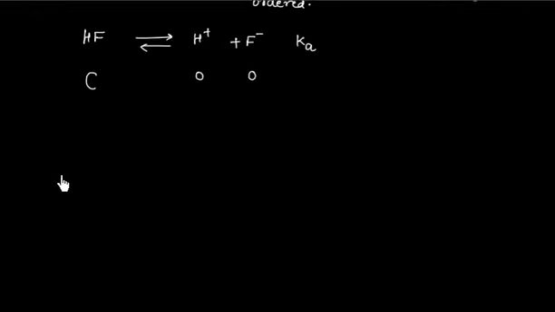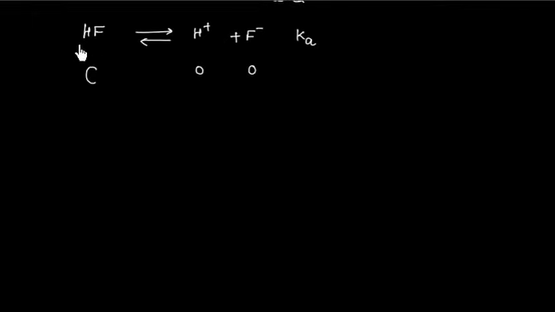At equilibrium, let us say X mole per liter of HF dissociates, so I will have C minus X of HF left, and X of H plus, because 1 mole of HF dissociating gives 1 mole of H plus and 1 mole of F minus.